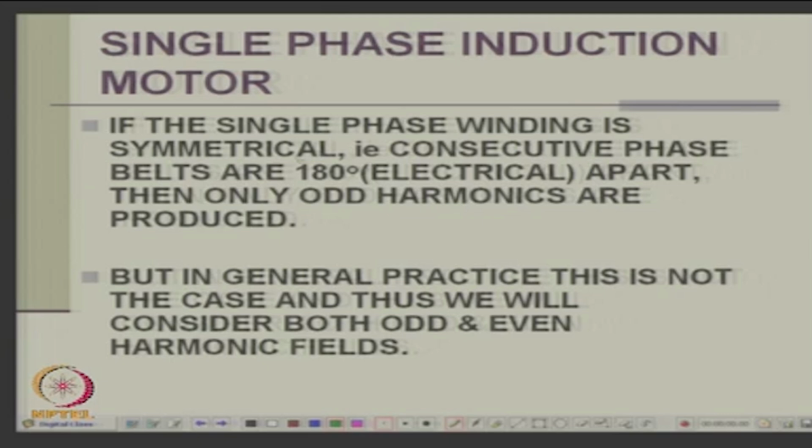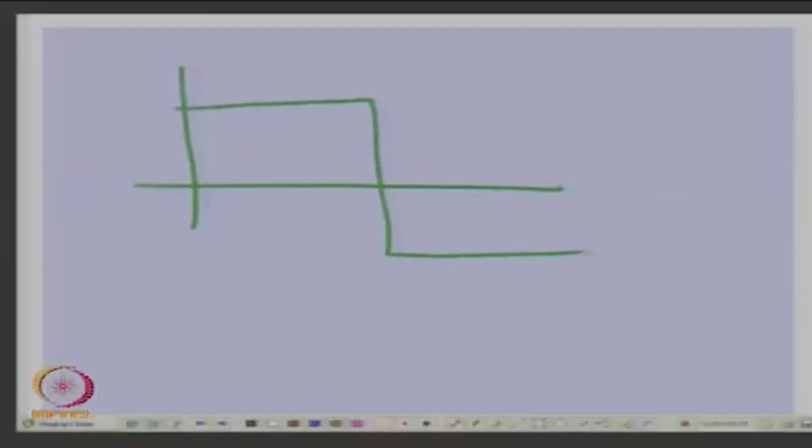Now, if the single phase winding is symmetrical, then only odd harmonics are present, if the phase belt is 180 degrees, symmetrical. But if you make it asymmetrical, then even harmonics may be present. Supposing you have a nice MMF wave like this, 0, pi, 2 pi, it is symmetrical.